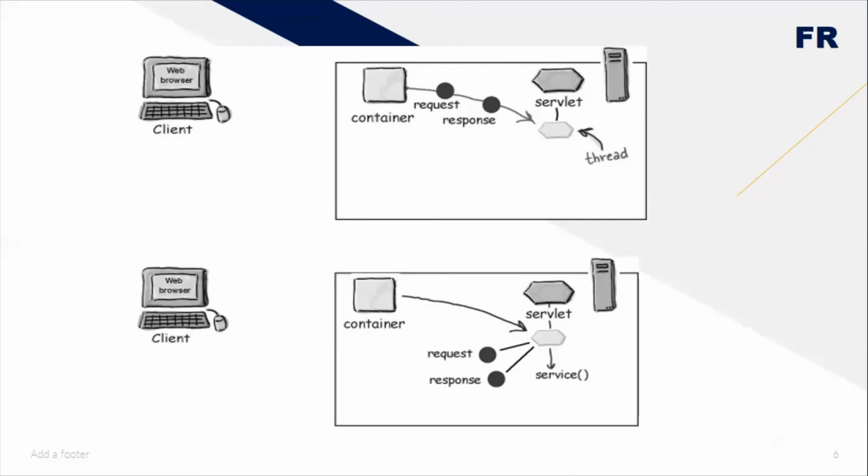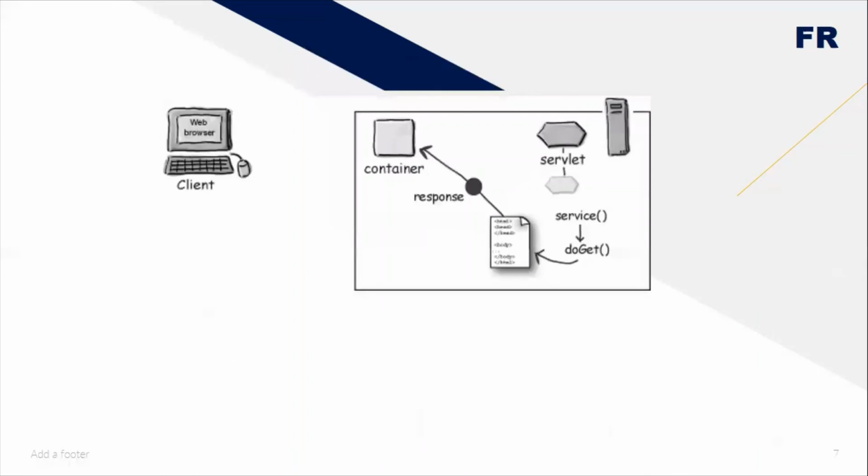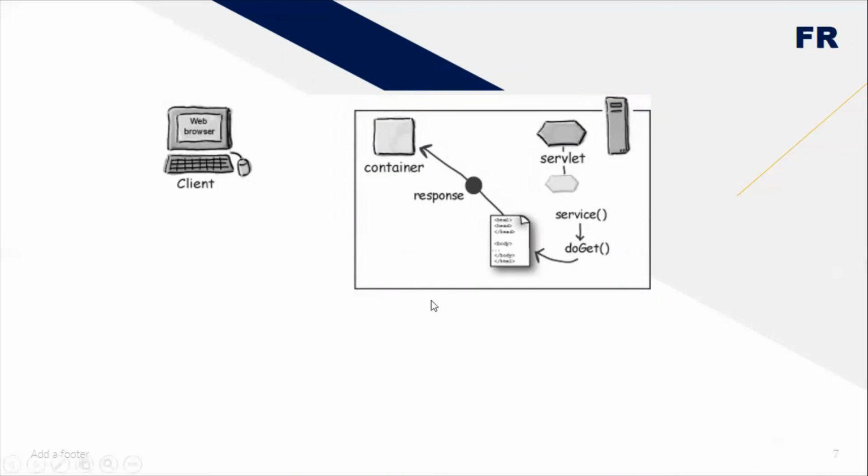For example, say the request was an HTTP GET request. In the next step, the doGet method generates the dynamic page and stuffs the page into the response object.